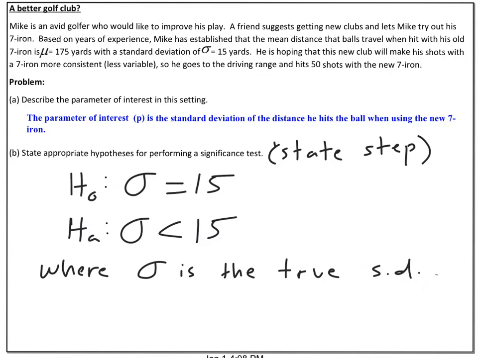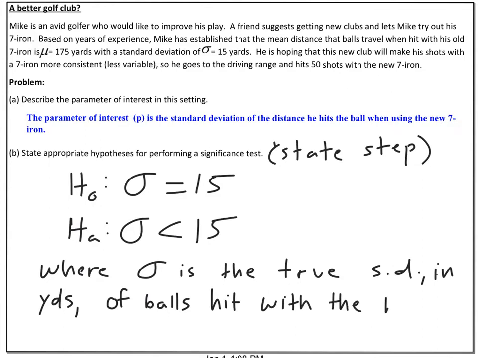It's not a deal breaker if I didn't, because I can go right here and just add it. Standard deviation in yards of balls hit with the new 7-iron. So that would be your state step.